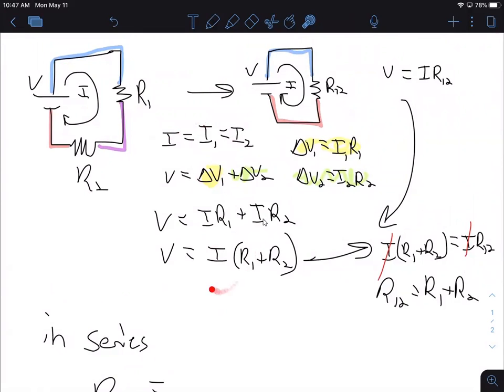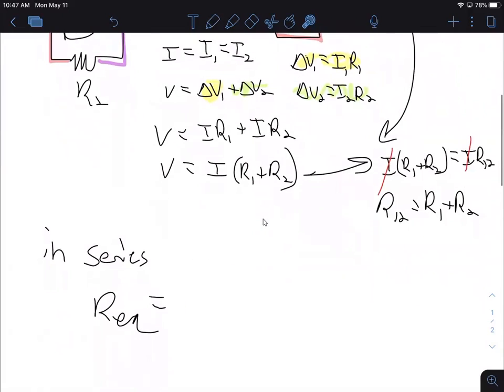That's what we use to make all this happen, this idea that they share a current. The equivalent resistance is equal to the sum of all the resistors that are in series. No matter how many there are, this will work out.